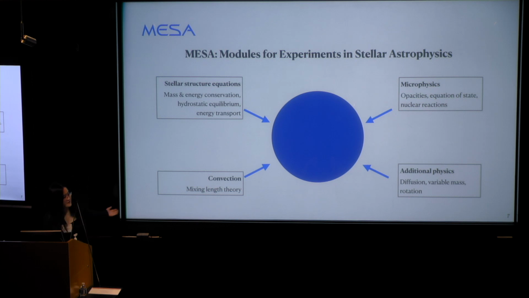It has all these ingredients of stellar structure equations, convection, microphysics, and there's also additional physics such as diffusion, mass changes, and rotation. In our study, we're focusing on stars of masses 10 to 100 solar masses, of metallicities 0.001 to 1 solar metallicity. The simulations I'll show in the next few plots will focus on 1 solar metallicity and will run lower metallicity in the future.